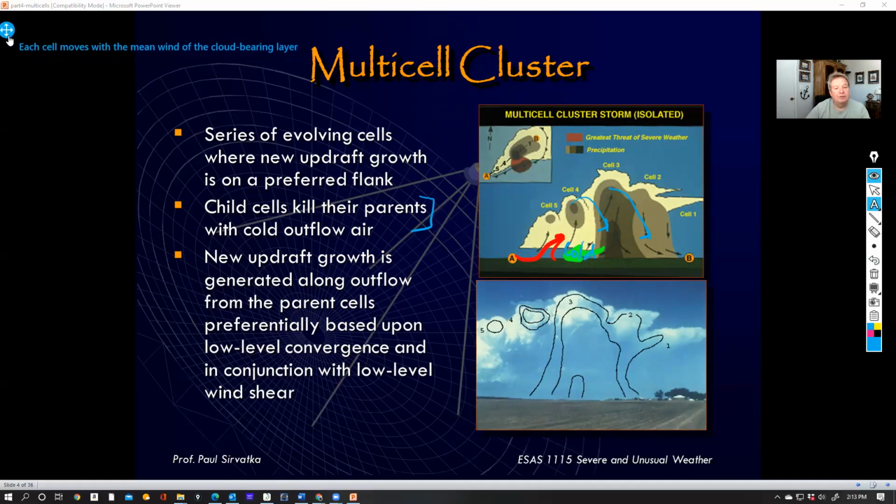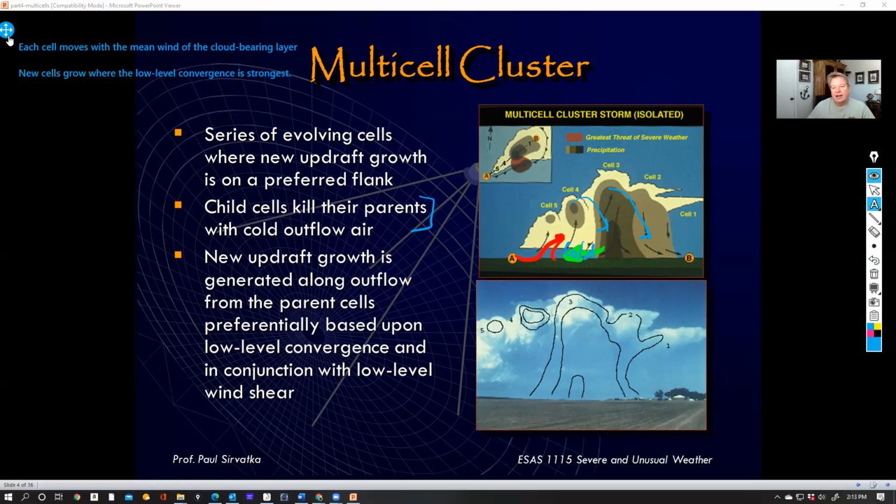Guess I can move that here. The second thing is new cells grow where the low-level convergence is strongest.